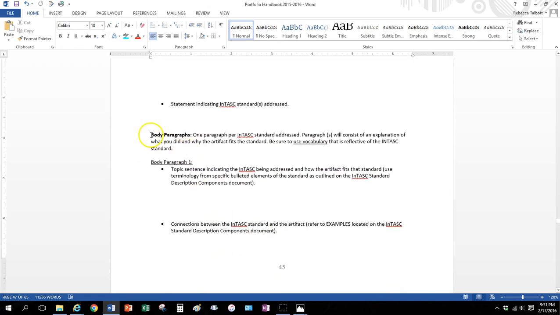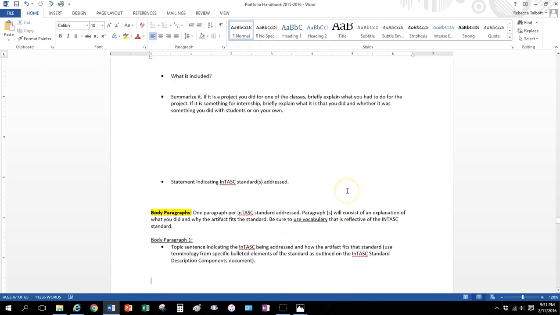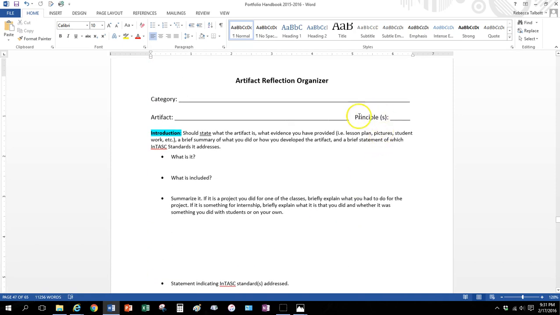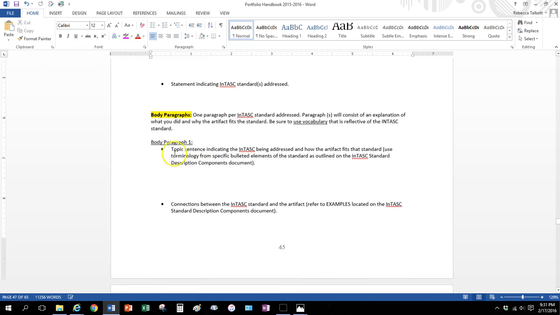Now after that, you have body paragraphs. You might have one or more. It just depends on how many standards your particular artifact meets for your portfolio. So one body paragraph per standard.